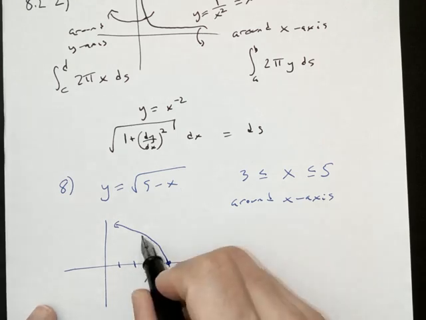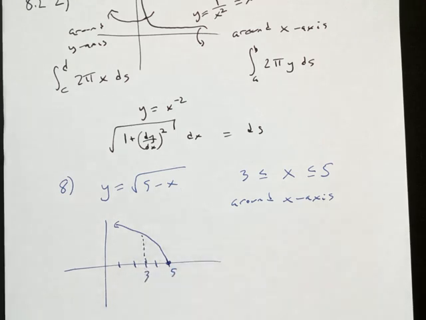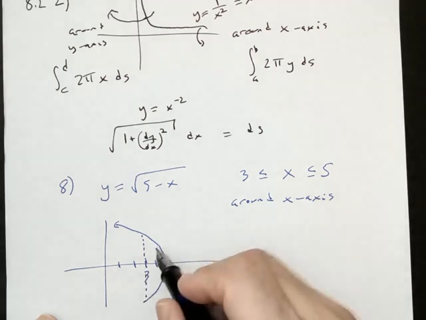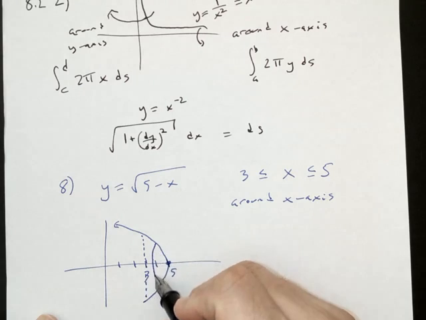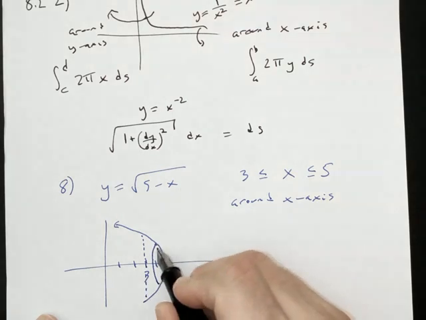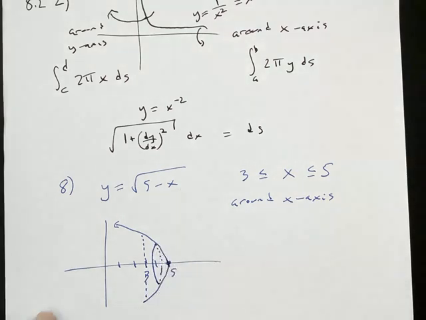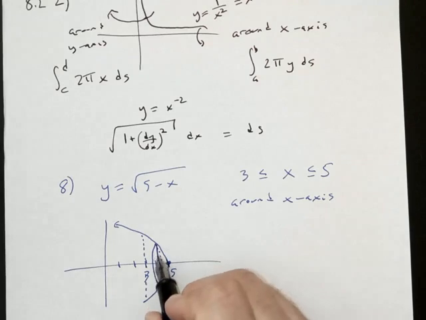And we're only going to 3. So there's my circle of rotation and the radius of that circle, the y value.